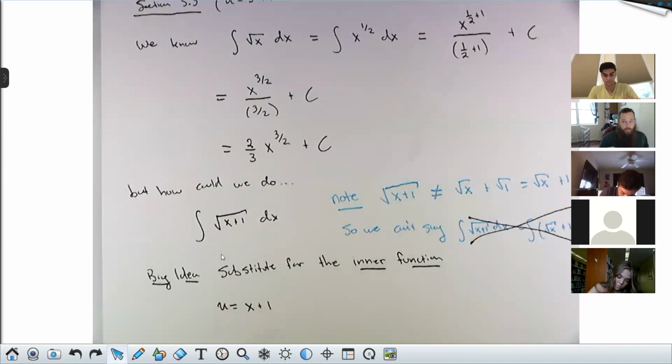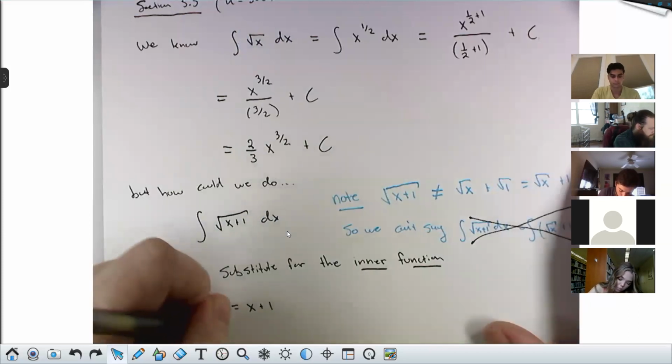There are several catches to trying to do a substitution in an integral. The biggest catch is, what do we do with the dx? I know that x plus 1 is just going to become u, so the integrand, the piece inside here, is just going to become the square root of u, and that looks good. That looks more like this. But I need to also change this dx to something in terms of the new variable.